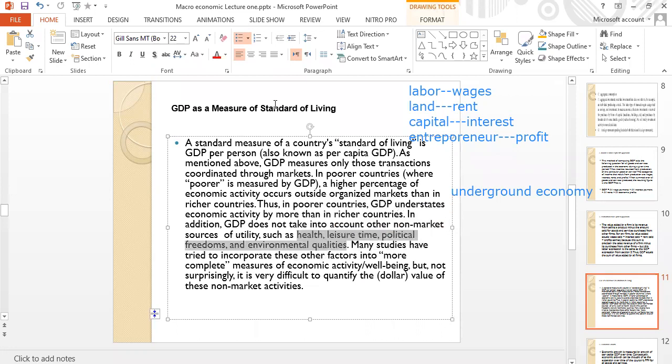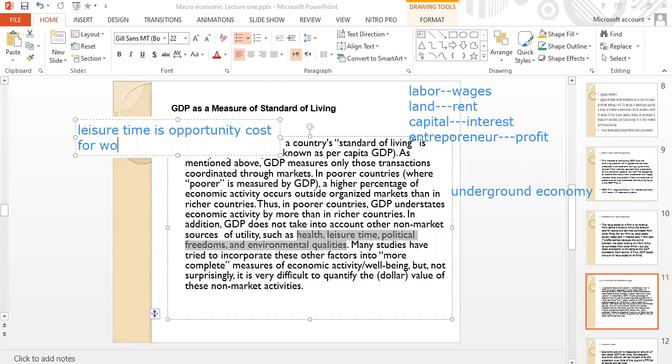Leisure time is the opportunity cost of working time. Many studies have tried to incorporate these other factors into more complete measures of economic well-being, but not surprisingly, it's very difficult to quantify the dollar value of this non-market activity.